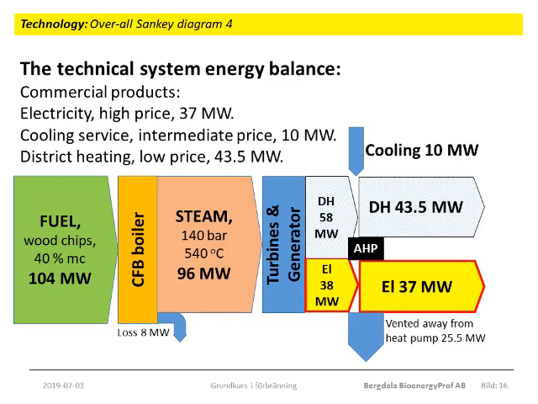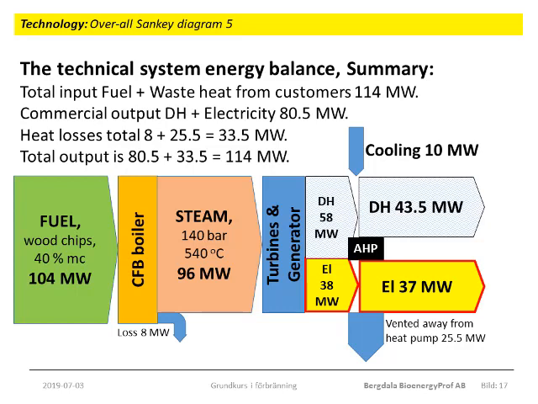So then the total commercial products are 37 megawatt electricity plus 43.5 megawatts district heating plus 10 megawatts district cooling. So this is a total of 90.5 megawatt commercial products delivered with an input of 104 megawatt fuel. The total system efficiency thus becomes 87% based on fuel input.